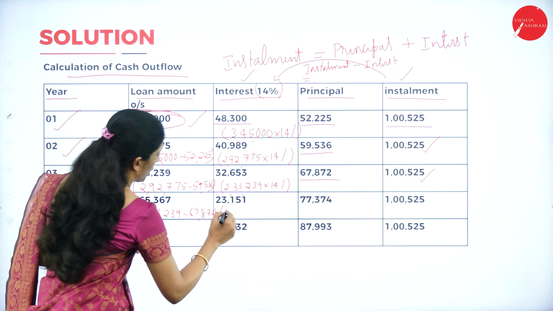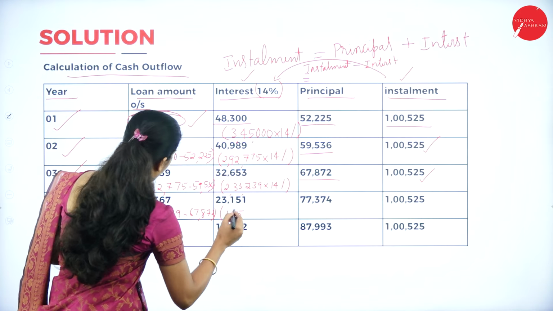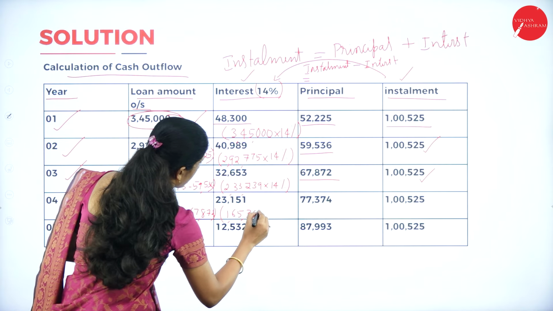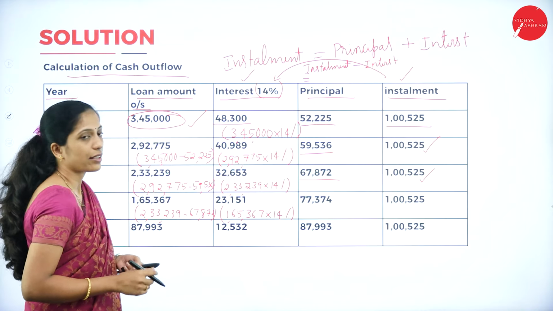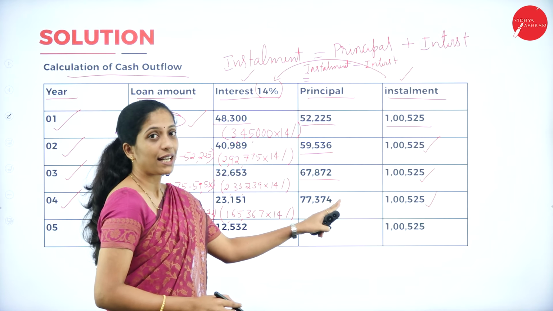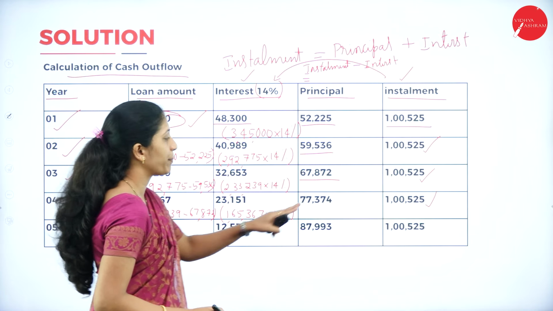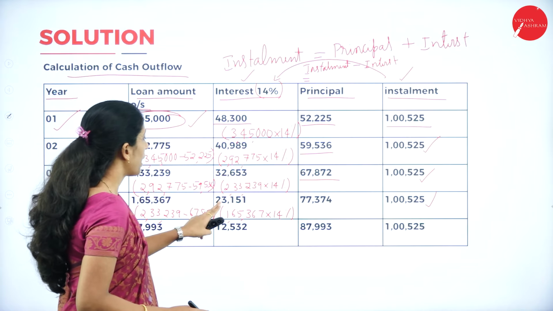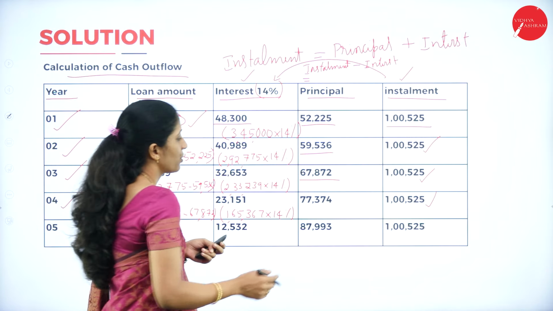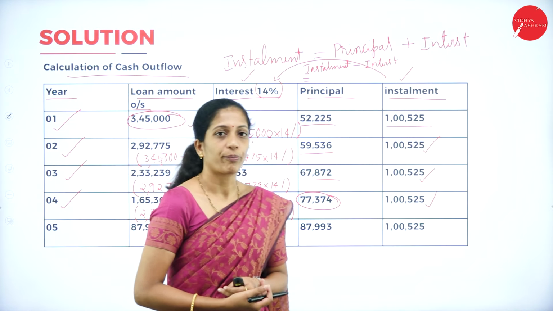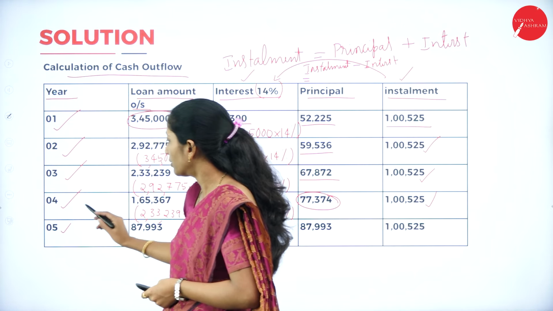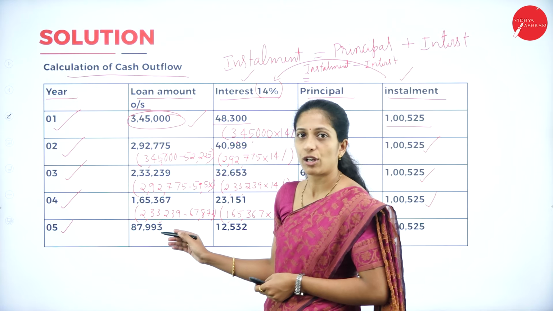So interest on this amount, that is 1,65,367 into 14%. So I'll get 23,151. We know the installment amount, calculate the principal. So 1,05,25 minus 23,151. So the principal amount is 77,374.